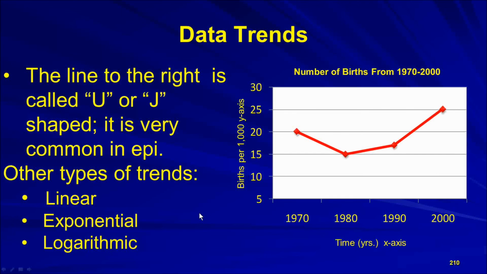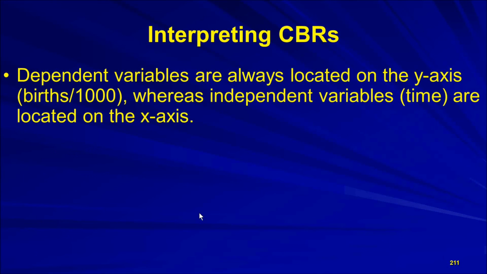There's exponential and logarithmic too. So that's just to give you an idea about these trends. I mentioned where the dependent variables are located on the last graph. It's running up the left side, and across the bottom is the independent variable, and that covers the x-axis. So if you talk about a y-axis, it's running up the left side. You're talking about x-axis, it's running across the bottom of the graph.